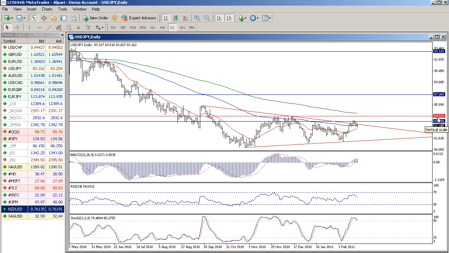This is the 84.50 level. And notice the daily oscillators are now overbought, so a move lower can easily be justified from here. So for the US dollar to continue higher, it needs to penetrate this level of 84.50. Until that happens, there is a good chance that another leg lower may be seen here.